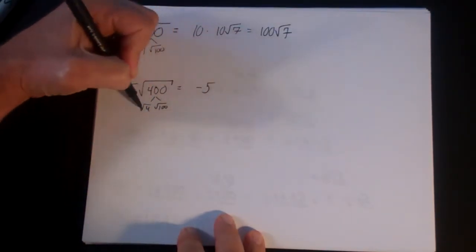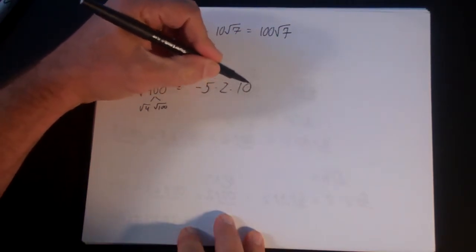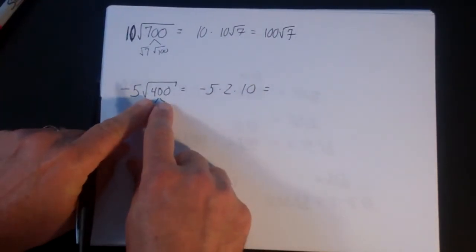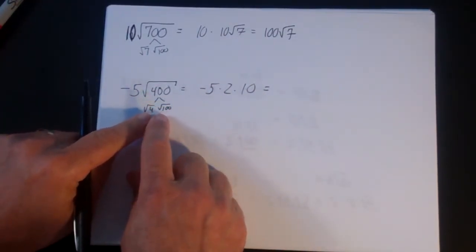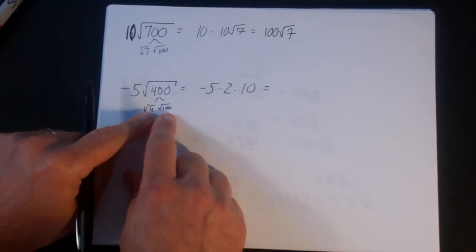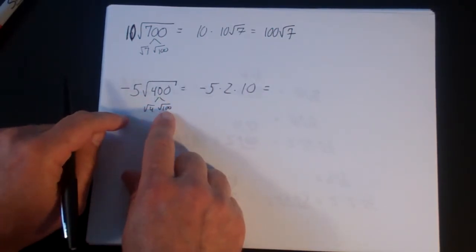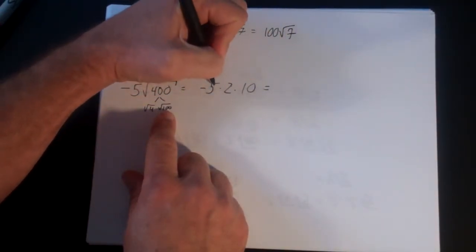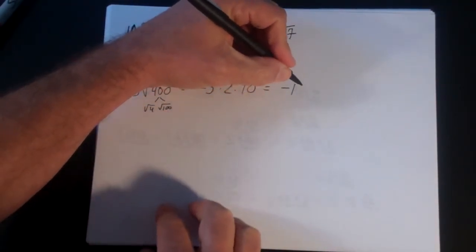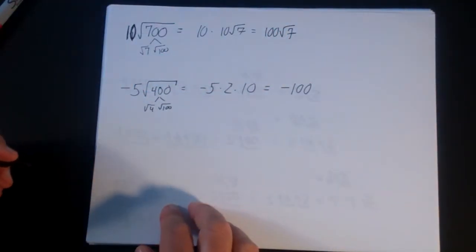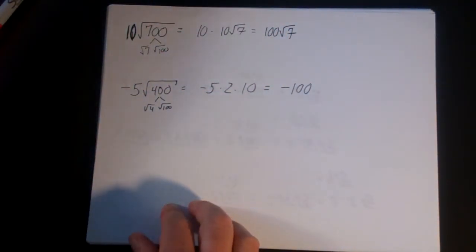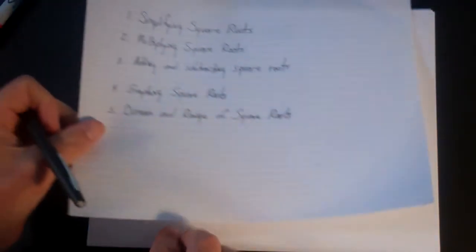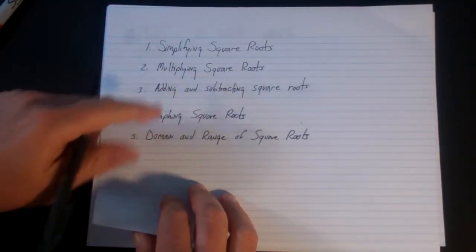That's minus 5, that becomes a 2, and that becomes a 10. In this case, square root of 400 is a perfect square as well. And even if we didn't notice that, when we broke it up into 4 and 100, both of those are perfect squares. So we get 2 times 10, which is 20, times 5, which is minus 100. That's how you simplify square roots. The next video will be part 2, and that'll be on multiplying square roots.